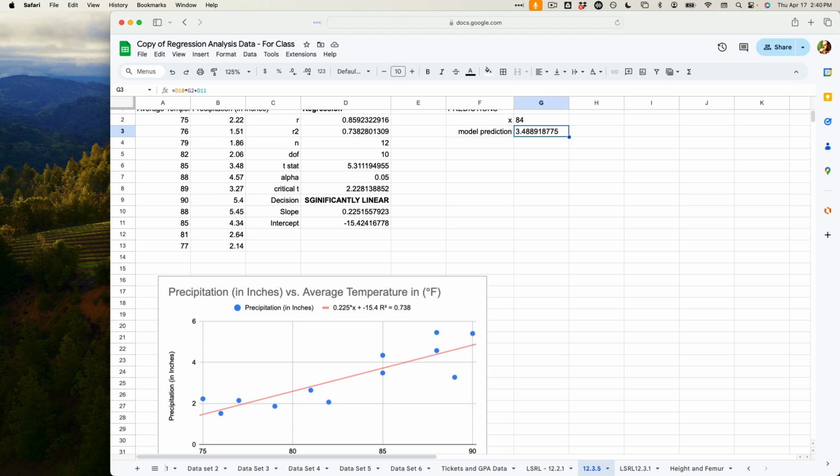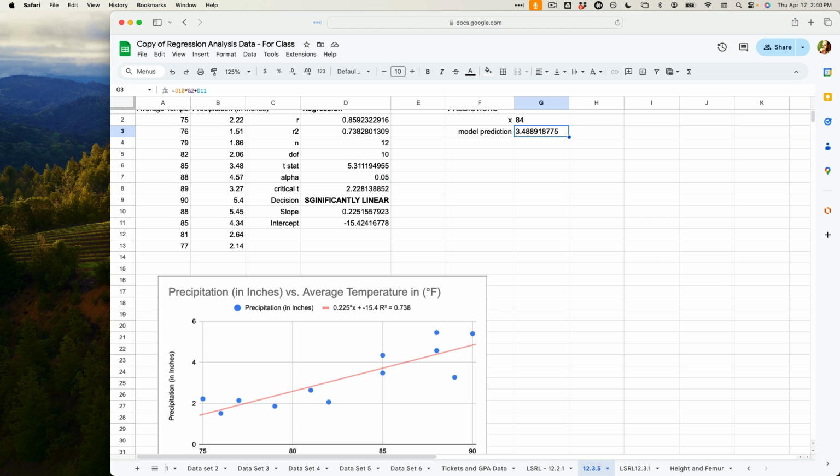That will automatically lead to interval estimation. Then you build confidence and say, on average, for all years or times when temperature was 84, this is what I expect to see for the average value of precipitation.